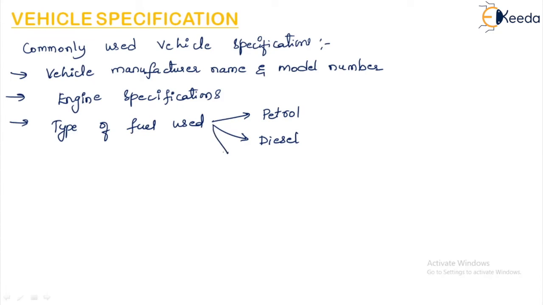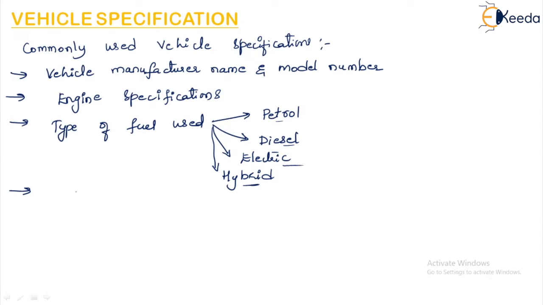Now there is a new variant to it, that is the electric vehicles. And also even hybrid vehicles are available. Okay, this one we will study in detail later. So here the fuel used may be petrol, diesel, or it may be driven electrically.